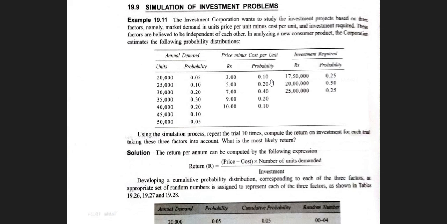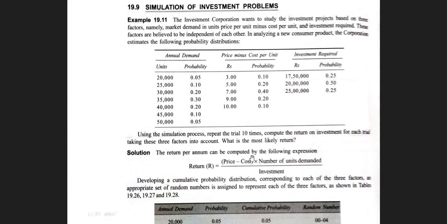Then for them to get 10 Rs profit per unit, or price minus cost per unit, it has a 1% probability. And then the investment required for them to get any of these results, they have 1.7 million, 2.2 million and then 2.5 million. And this is their probability all written out here.